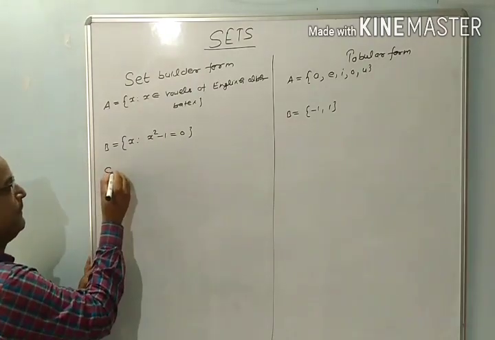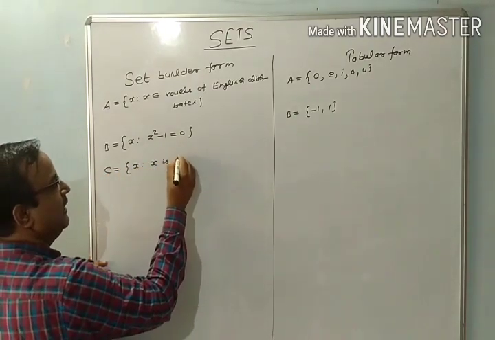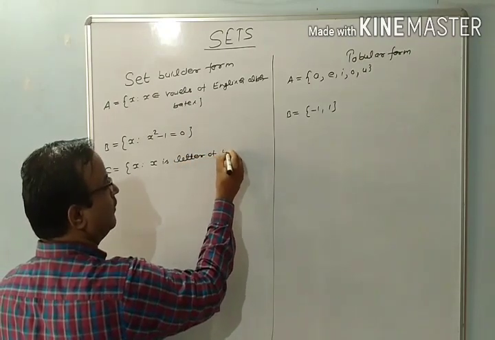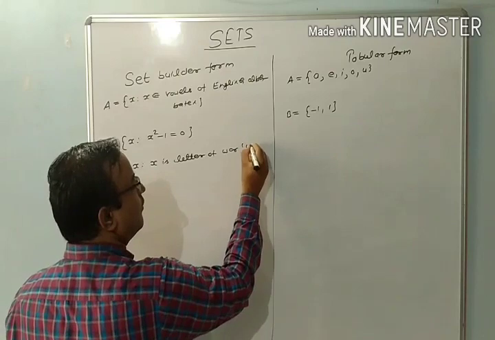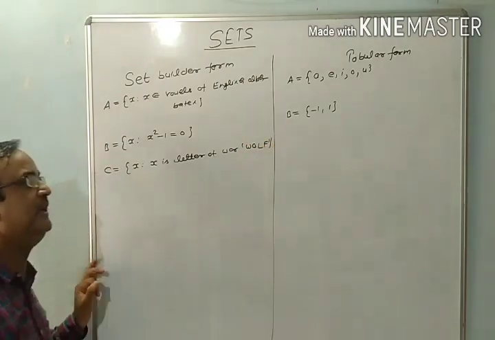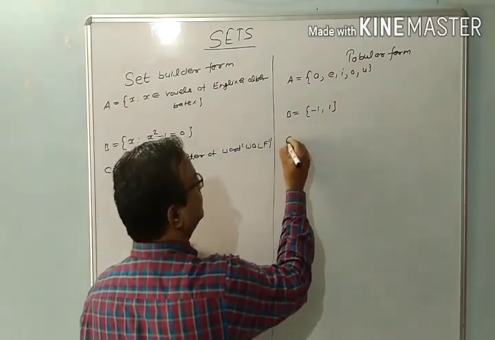Now the next example: {x : x is a letter of the word 'wolf'}, and we have to represent it in tabular form.